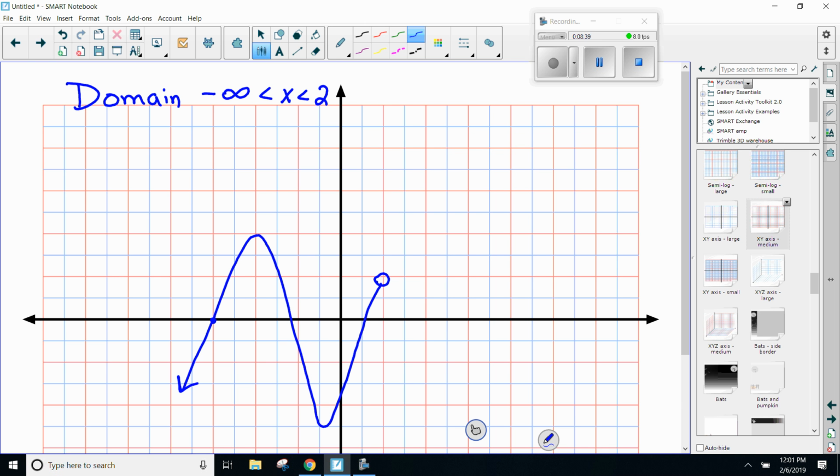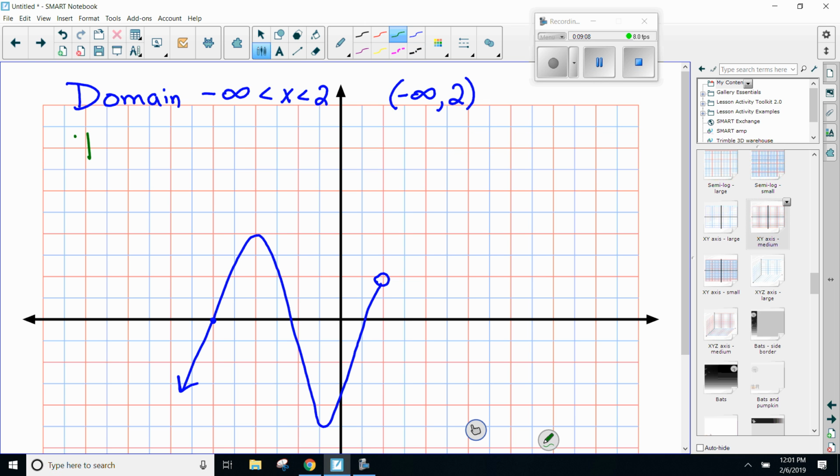No. That's what the open circle is. If I had that as a closed circle, it would include 2. So if I wanted to write it using the brackets like I did last time, we don't have the brackets because brackets means when it's equal to. So in this case, I could show the domain as -infinity to 2. No brackets this time.